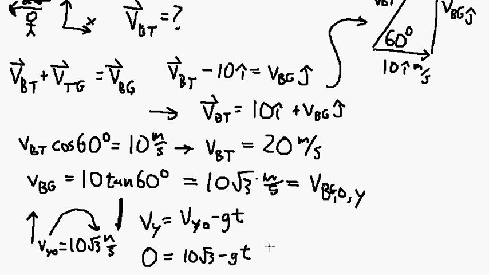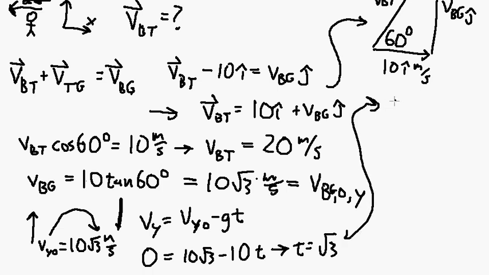I'm going to use 10 meters per second squared for g, so t equals square root of 3, obviously. And then how high does it go in that time? Delta y equals Vy initial times t minus 1/2 g t squared.